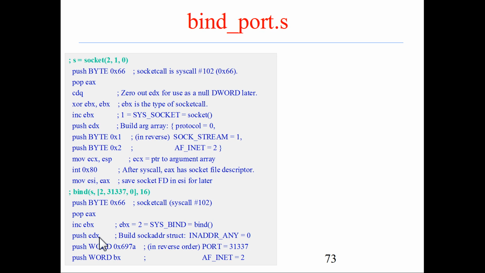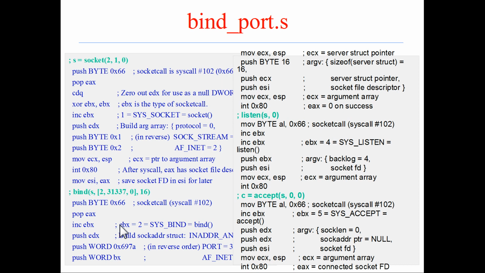And so EDX is going to be 0 still, and then we're going to push again from right to left 0, the reverse ordering for the port, and then BX, which is the lower half of EBX, so that's going to be just 2 bytes, which is going to be a short.